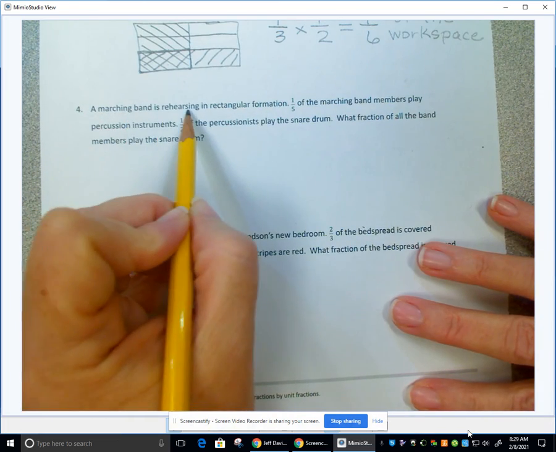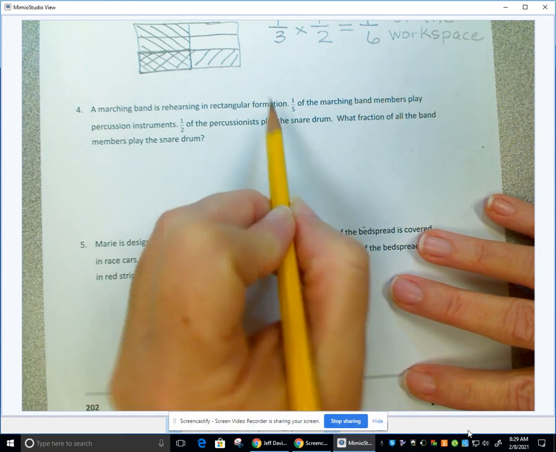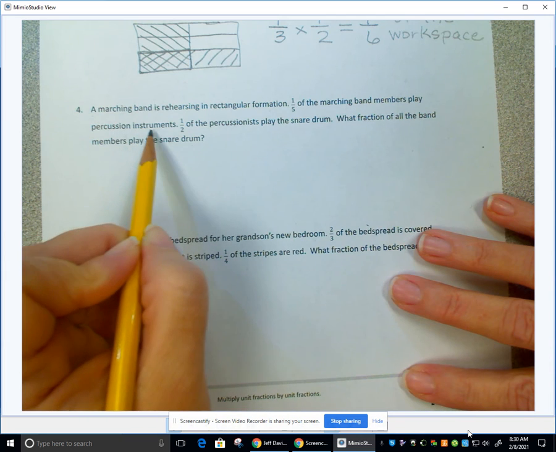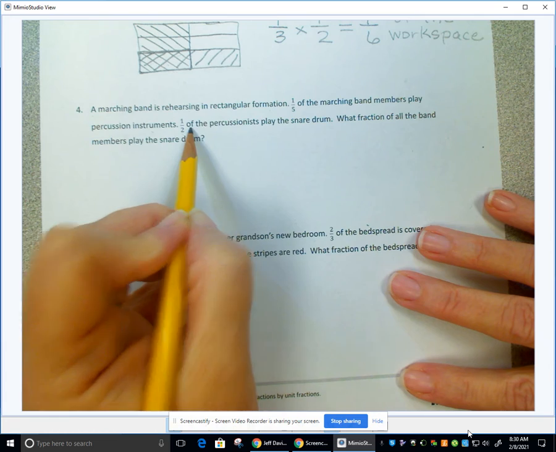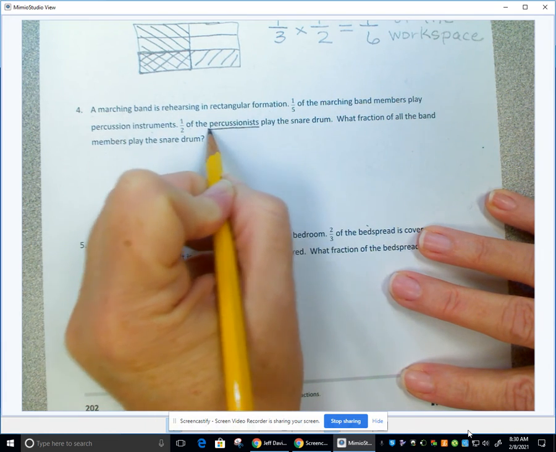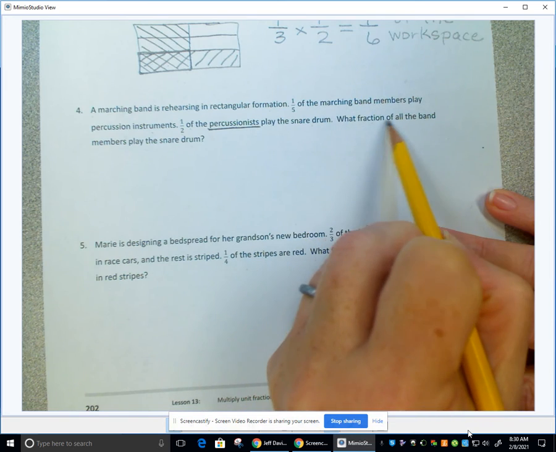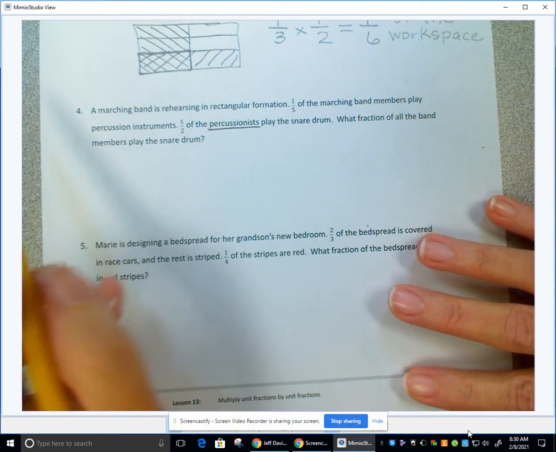A marching band is rehearsing in rectangular formation. 1/5 of the marching band members play percussion instruments. 1/2 of the percussionists play the snare drum. What fraction of all the band members play the snare drum?